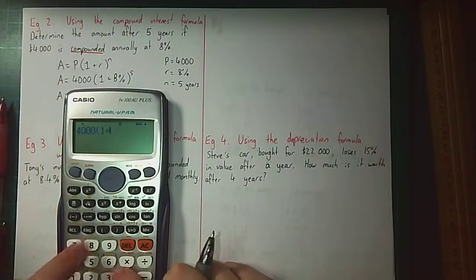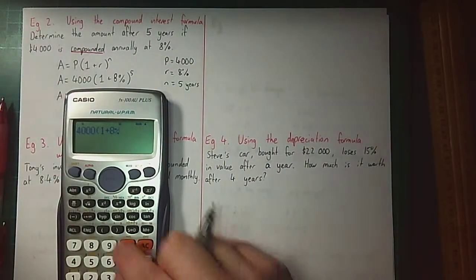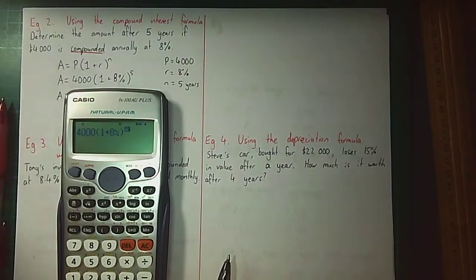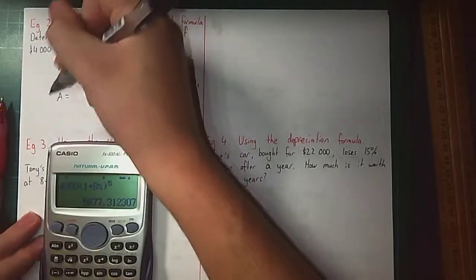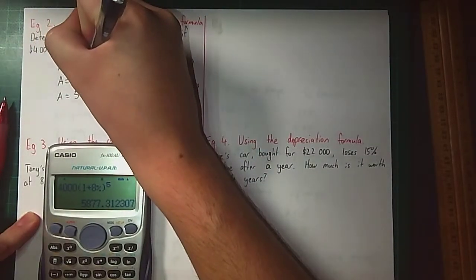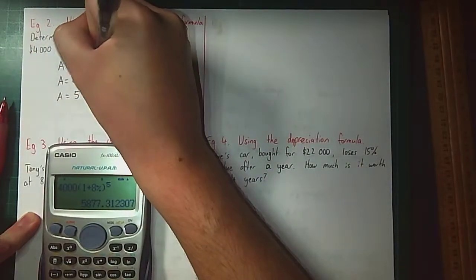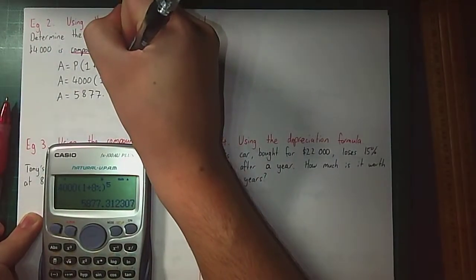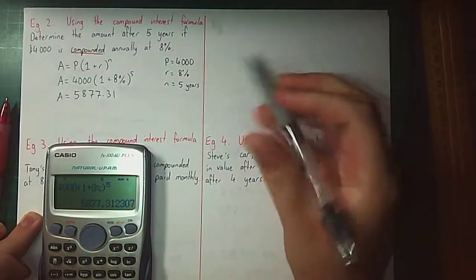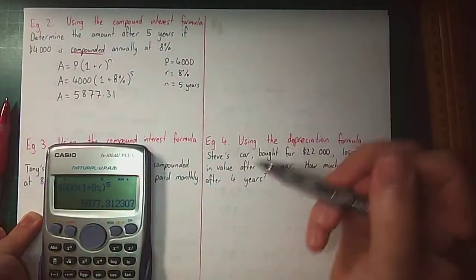We have 1 plus 8% to the power of 5. We'll get our answer. It's $5,877, and we'll just go to 2 decimal places because it's cents. That's 31 cents. So that's how much they'll finish with at the end of the time.